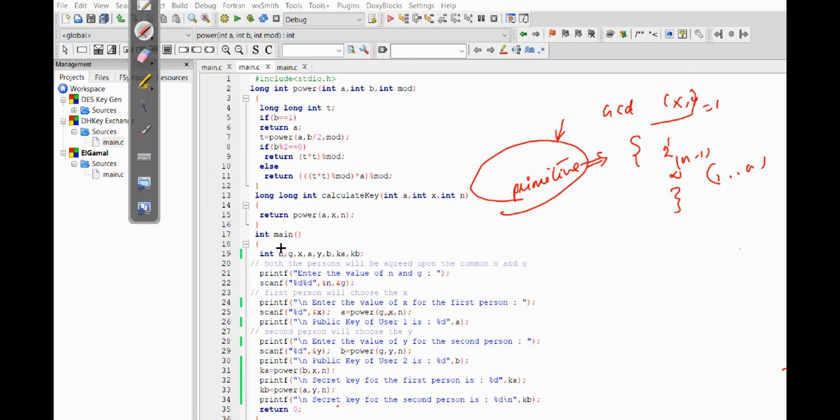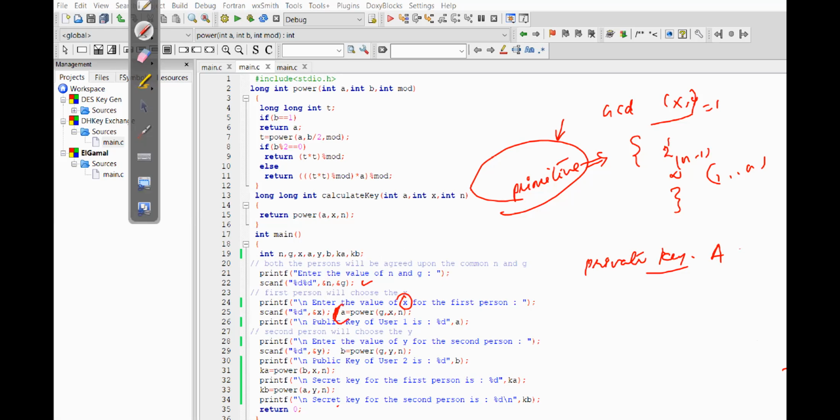Once the prime number as well as the alpha value are received from the user, right? Enter the value of xa. xa is the private key of user A, the private key of A for the first person, right? Once the value is received, the public key can be calculated.